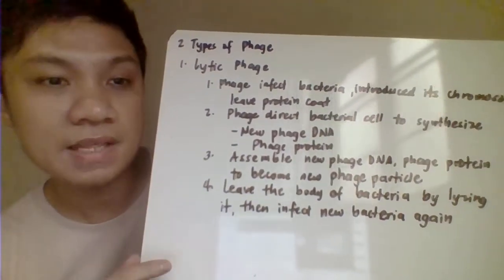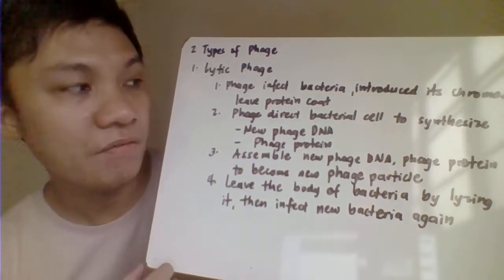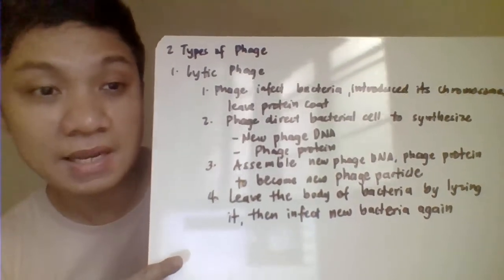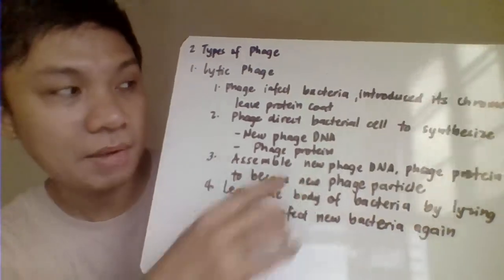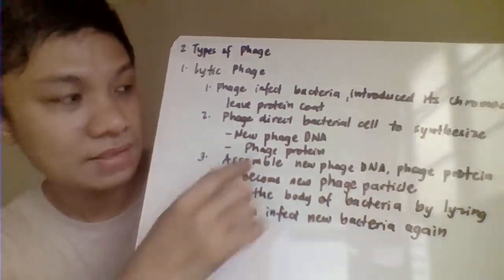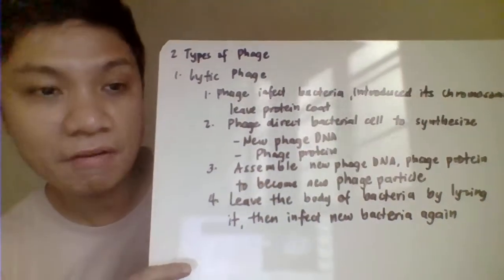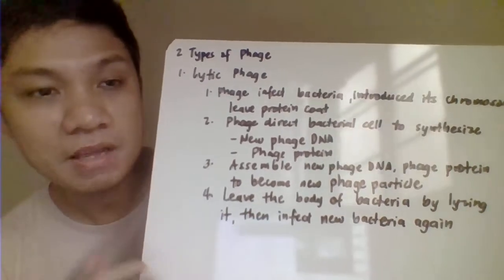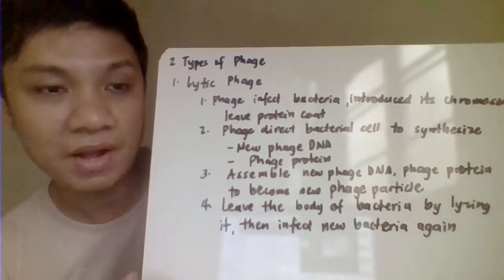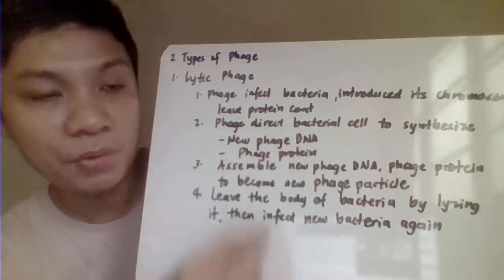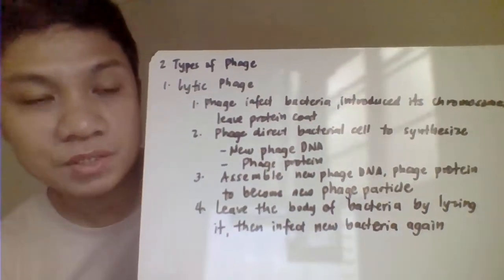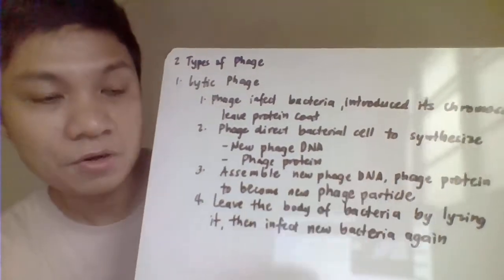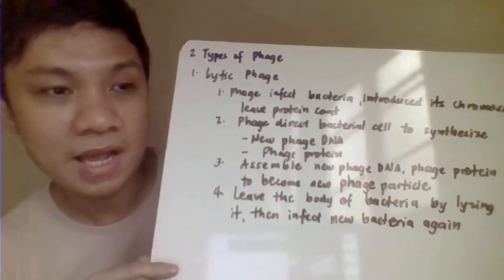Once introduced inside the bacteria, the phage chromosome eventually takes over the machinery of the infected bacterial cell, directing it to synthesize the DNA and protein components of the phage. So it uses the bacteria, taking over its machinery, in order for the phage to make its new DNA and protein. After it produces these byproducts, they are assembled to make a new phage particle.